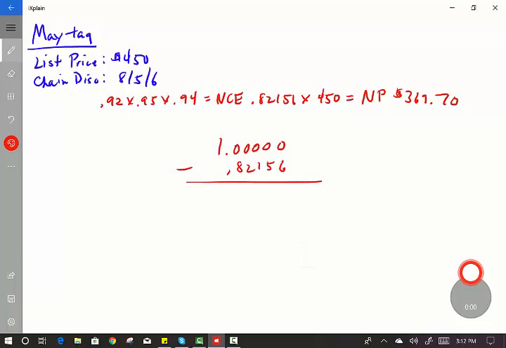And then that would give me the single discount equivalent of 0.17844. Then multiply that times the list price of $450, and that would equal the trade discount of $80.30.